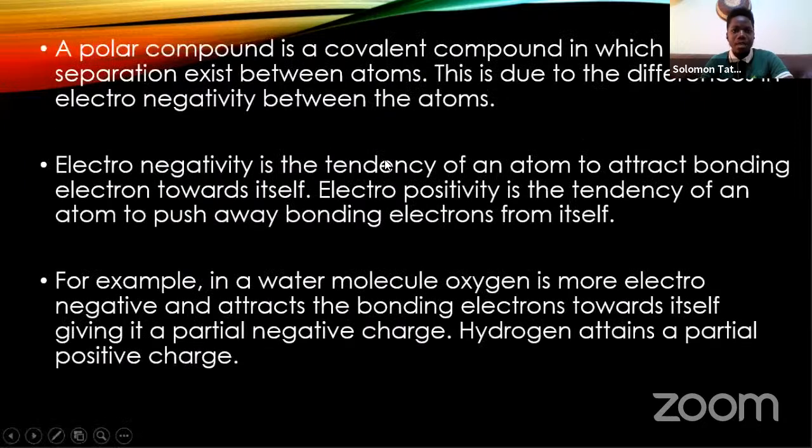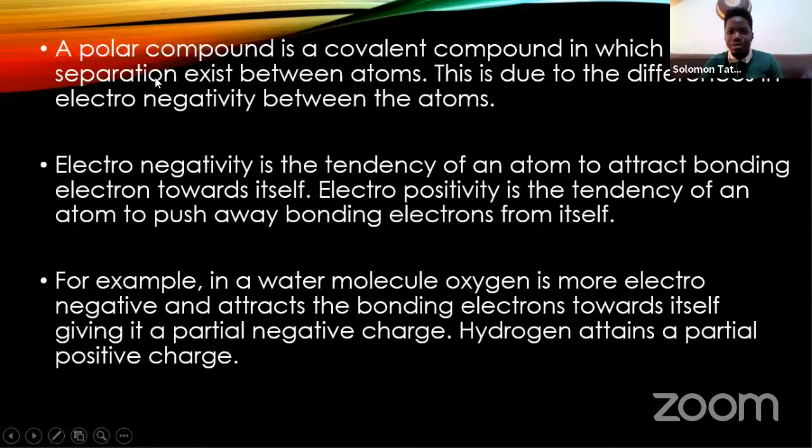A polar compound is a covalent compound in which charge separation exists between atoms. This is due to the difference in electronegativity between the atoms. This charge separation here is the ionization that we're talking about.